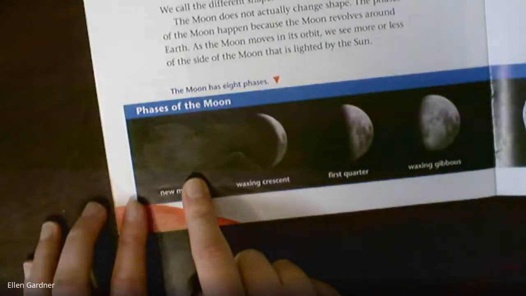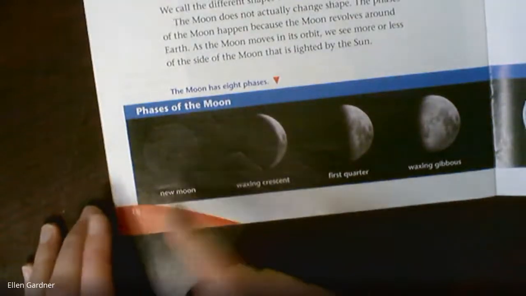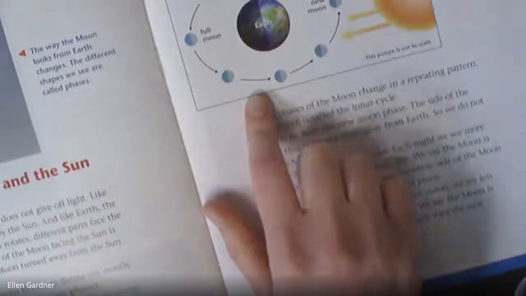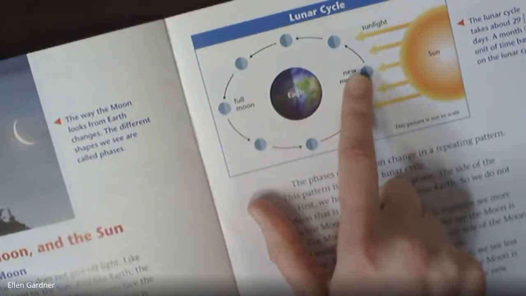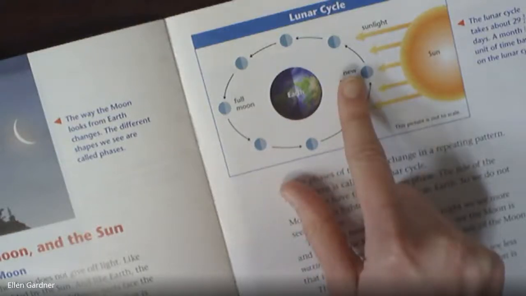The side of the moon that is lighted faces away from Earth, so we do not see the moon at all. It appears like it's just gone. Then the moon moves into its orbit. Okay, so over here, this is the new moon. It is totally dark. It's in the dark side, so it's not getting any light from the sun.